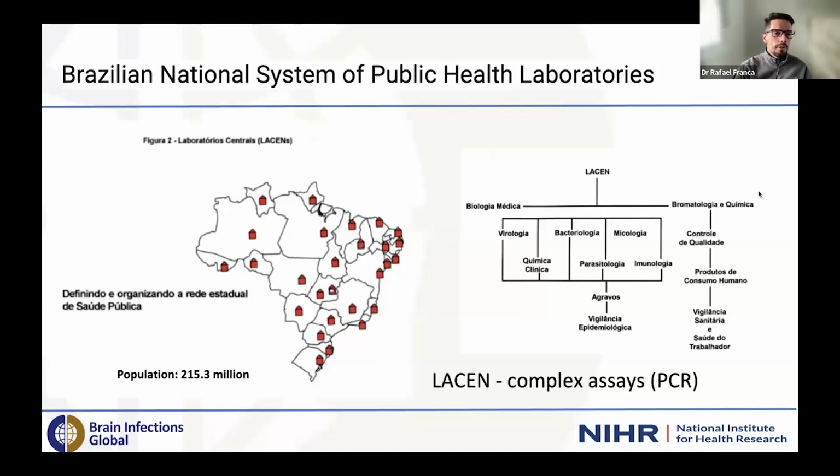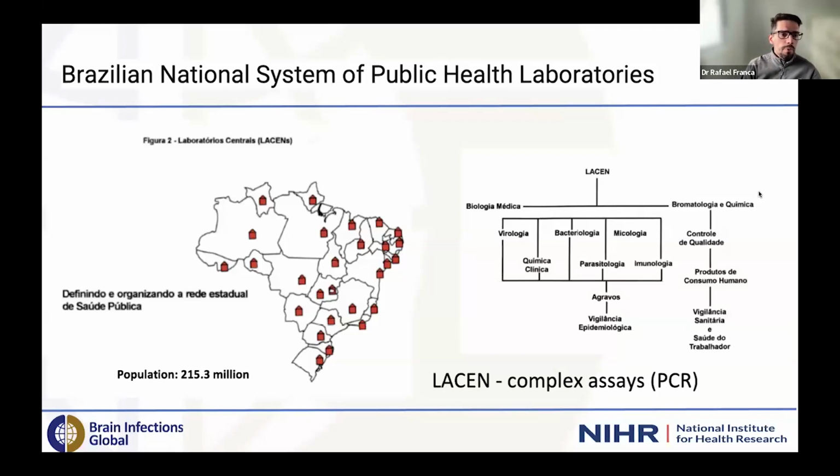In addition to the national health system, there is the Brazilian National System of Public Laboratories, which means complex exams or assays are usually forwarded and centralized. This is a map of Brazil. You can see all the 26 states, and each state has what's called a LACEN, or a central laboratory. These laboratories are usually a single building in a city, actually the capital city of the state.